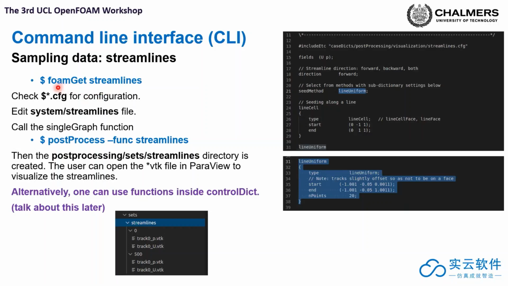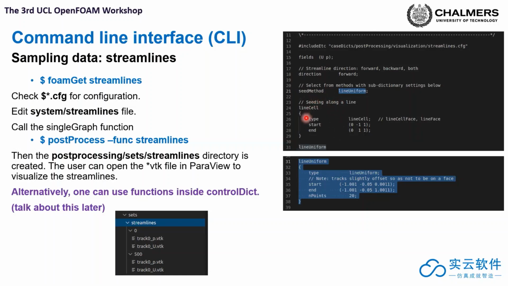You use form get streamlines to get a copy of the streamline functions, and the configuration is in the streamlines.cfg file if you need, and if you know how to change it, then you are free to change it. Otherwise, just keep the default ones and modify the user inputs like fields and the seed method.